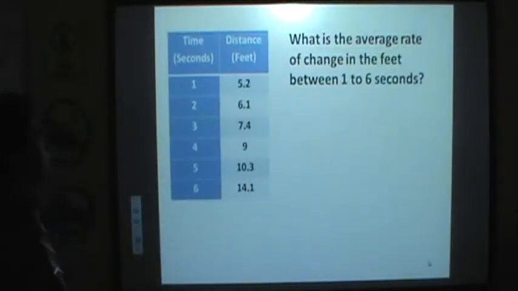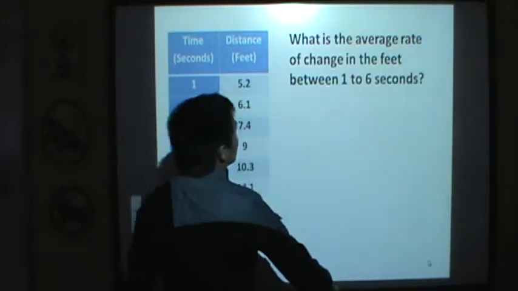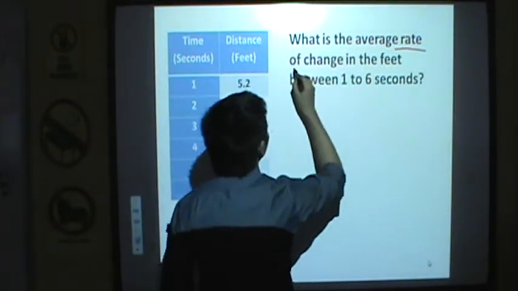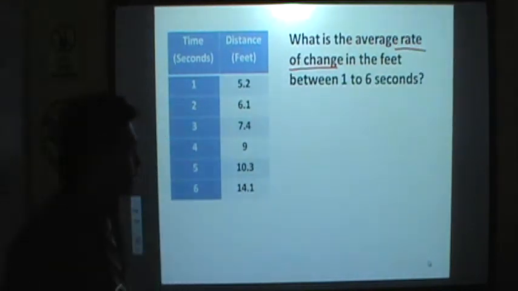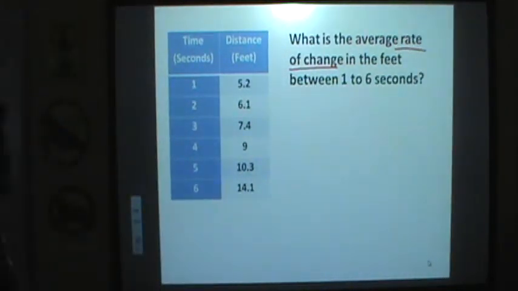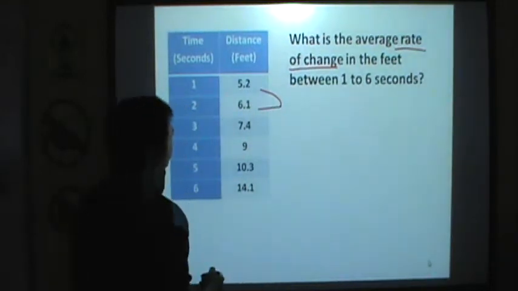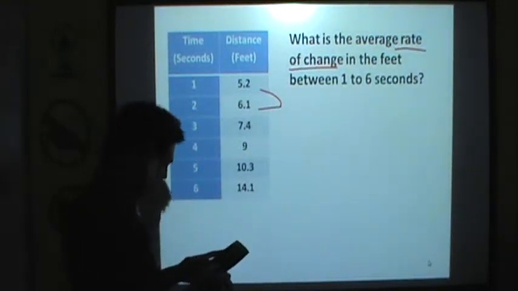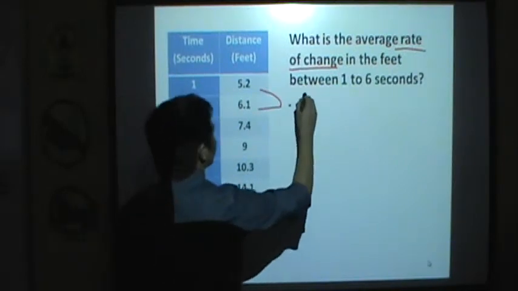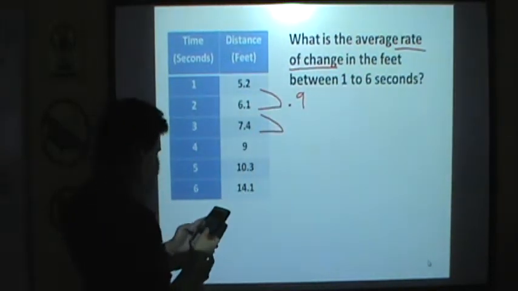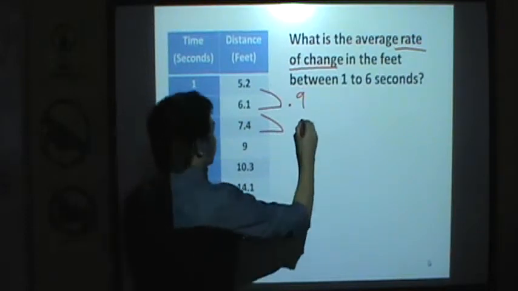There we go. Now, we learned this before in our class in finding the average rate. First, we have to find the rate of change. Rate of change is basically subtracting the bigger number by the smaller number. So let's go ahead and subtract this and that. 6.1 minus 5.2 is 0.9. Subtract that. 7.4 minus 6.1, 1.3.